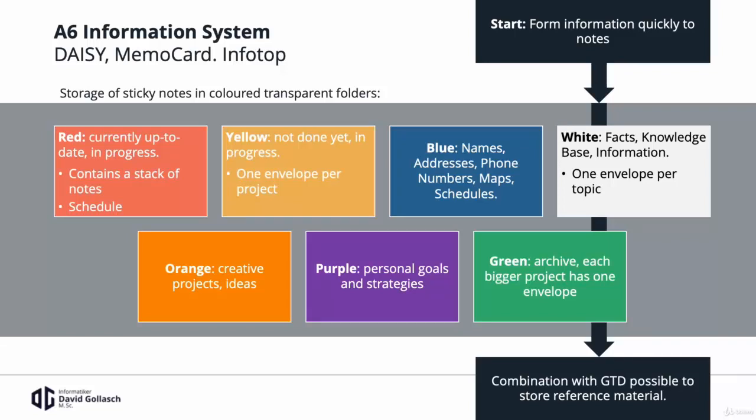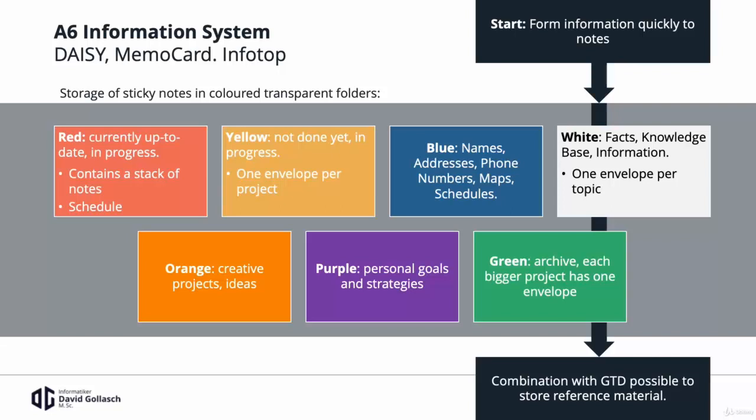So there you have some new ideas, a vision, something where you think, that would be a cool project or would be a cool idea, but I don't plan to do this immediately. Then put this into an orange folder. Here as well, if you think that it's a project, so a task with multiple subtasks, then take an envelope that represents your project and put multiple cards into this envelope to collect them and bundle them.